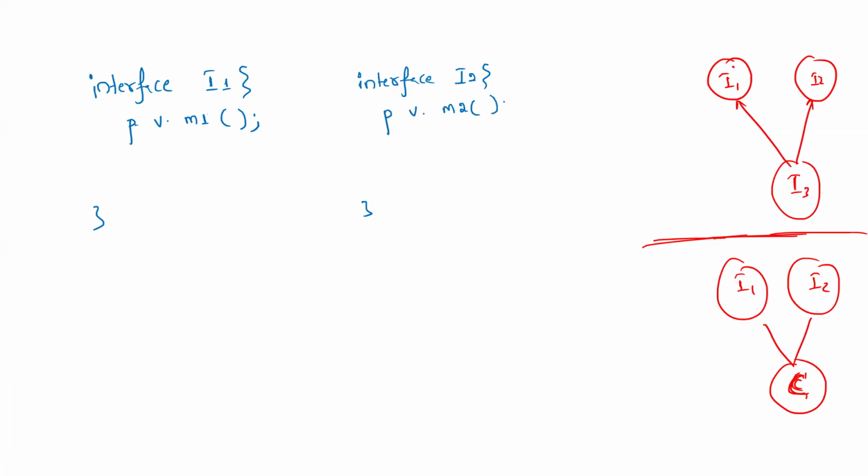Any problem? No, no problem. But the concern comes if it is the same method with the same signature, right? So for that, let me also use one more method called public void f, no arguments here. Here also public void f. So there are same methods, same signature.